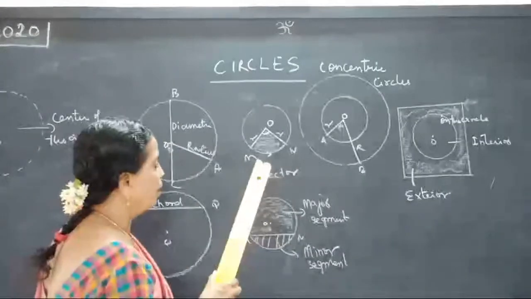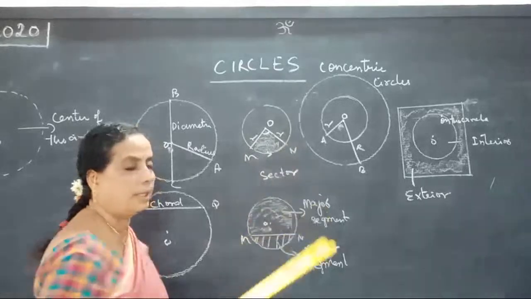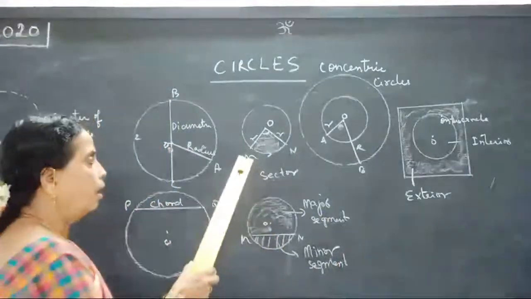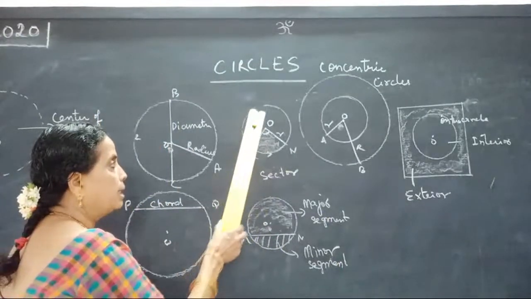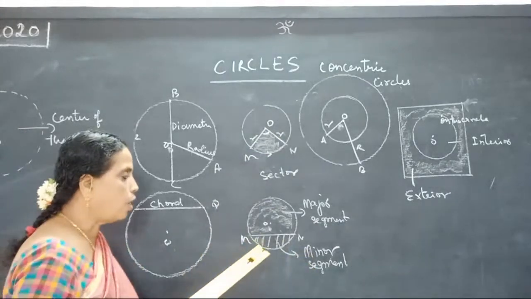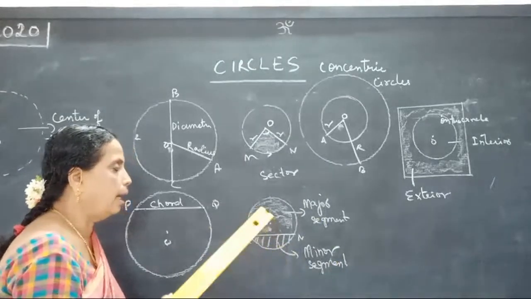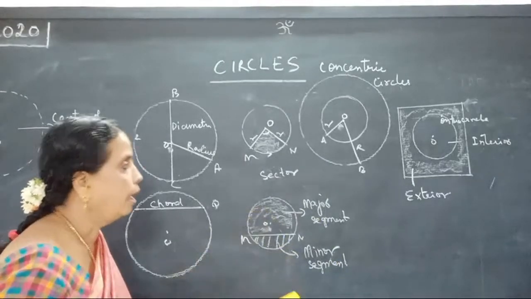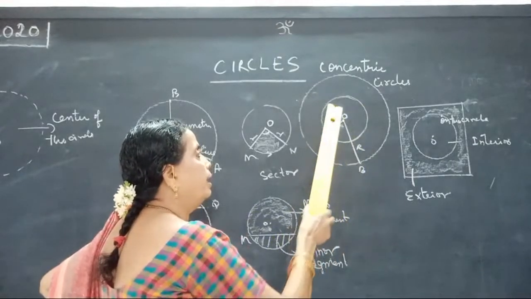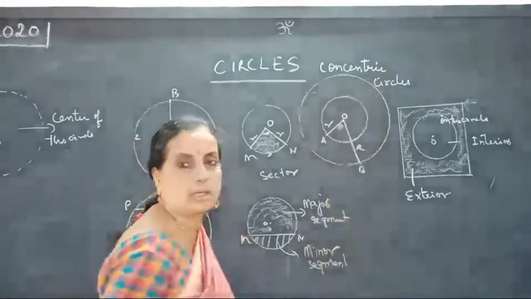The region bounded between an arc and the radii of the circle is a sector, major sector, minor sector. Similarly, a chord divides the circle into 2 parts, minor segment and major segment. And circles with the same center and different radius are called concentric circles.